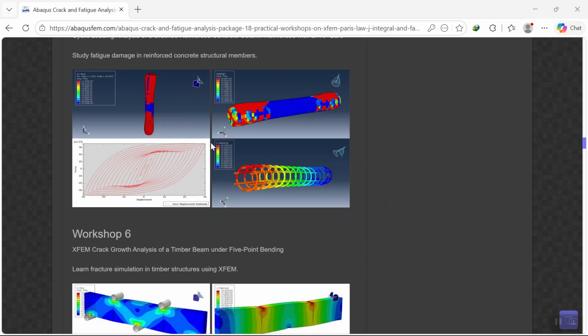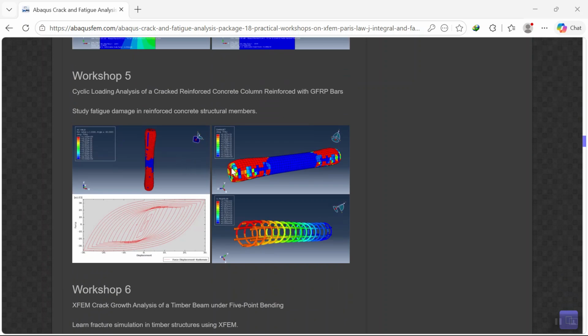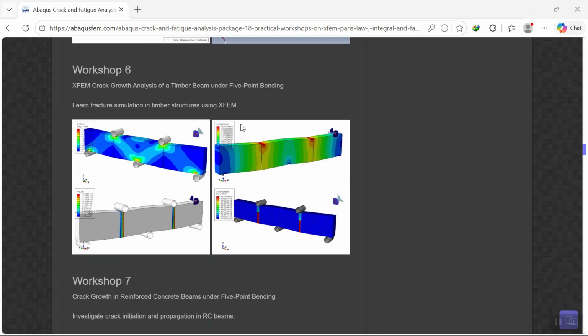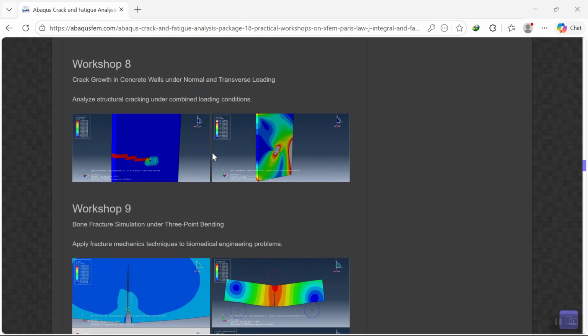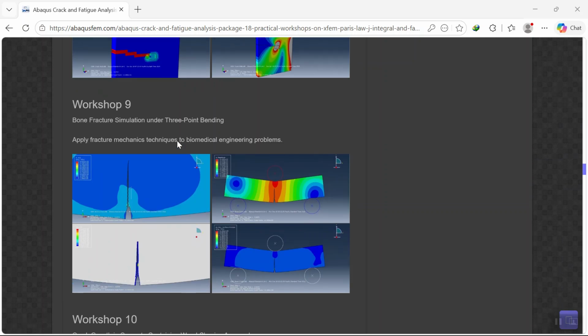You can define the crack propagation in reinforced concrete under cyclic loading, then the crack growth in a five-point bend timber beam and in a reinforced concrete beam, then crack growth in a concrete wall under normal and transverse load.